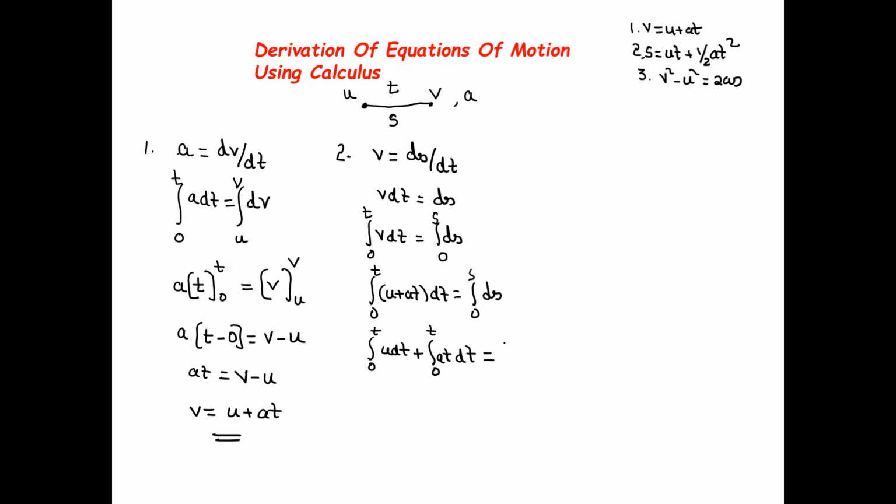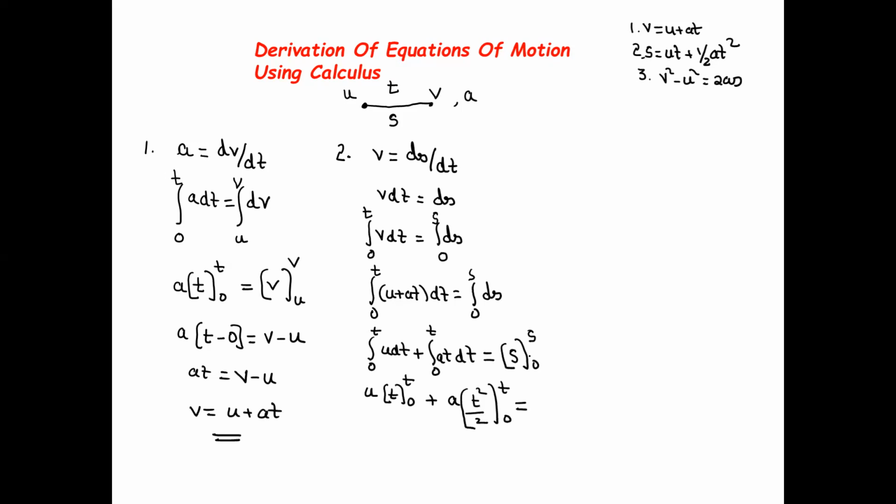What is integral ds? s. Apply the limits 0 to s. In integral u dt, u is constant, taken out. Integral dt is t, limits are 0 to t. Here a is constant, take out. Integral t dt is what? t square by 2. Apply the limits 0 to t.